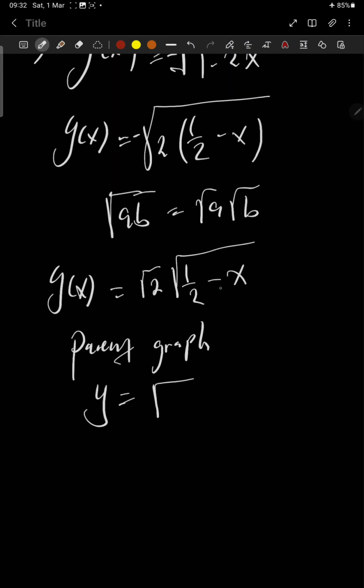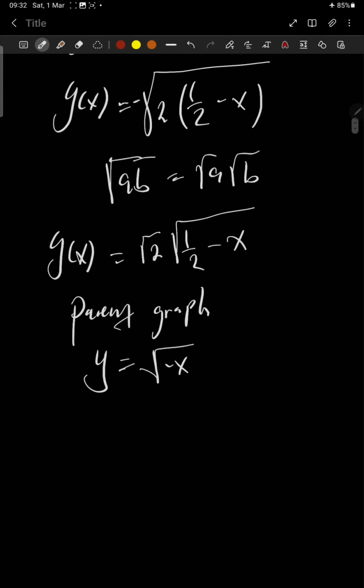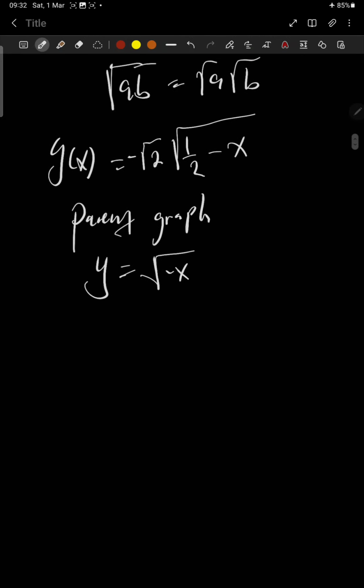X is inside the square root and it is a negative. All right, so that's your parent graph. Then here there's a negative, guys. Then the other thing is, if you have this, this guy here means reflection. Okay, it doesn't mean the parent graph unless x is inside there.